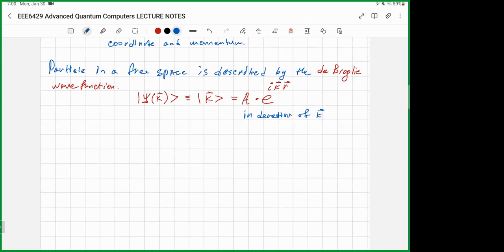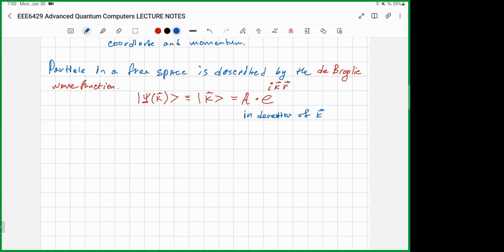And de Broglie, this French scientist, I'm not sure I remember exactly, said that we can attribute to any quantum particle, like an electron, a wave. So our particle is not just a particle, but also a wave.